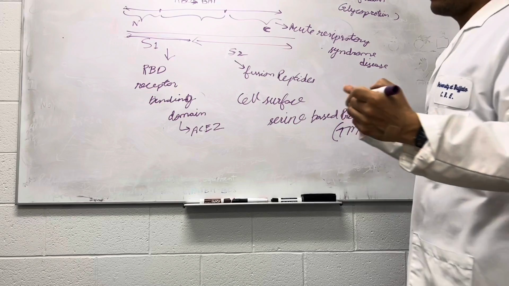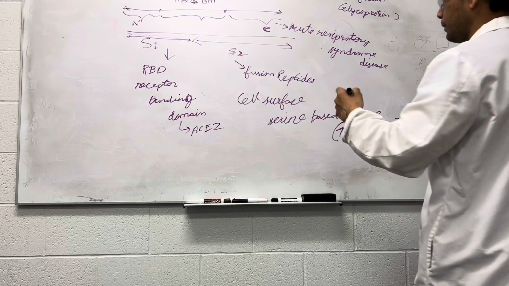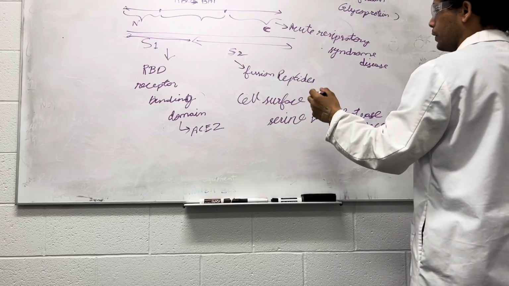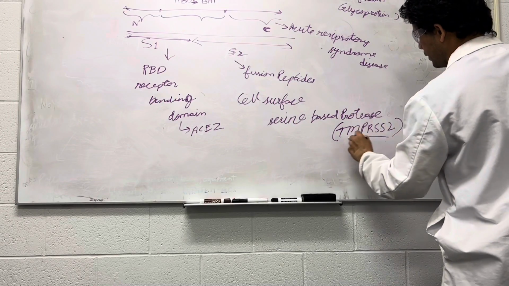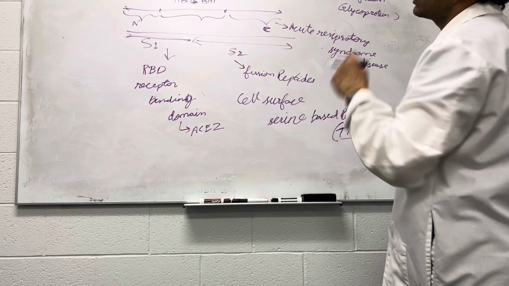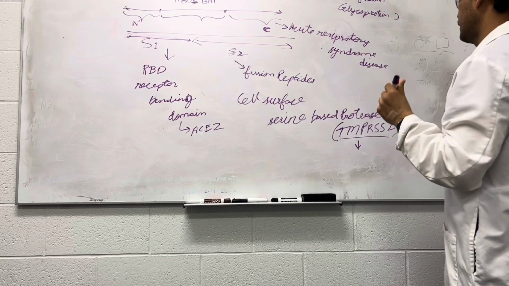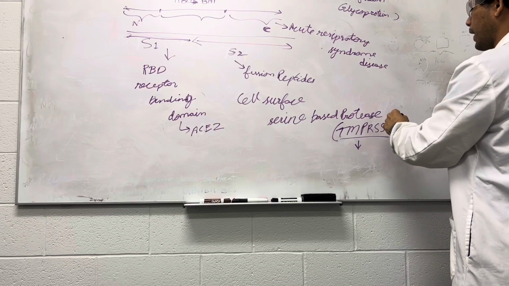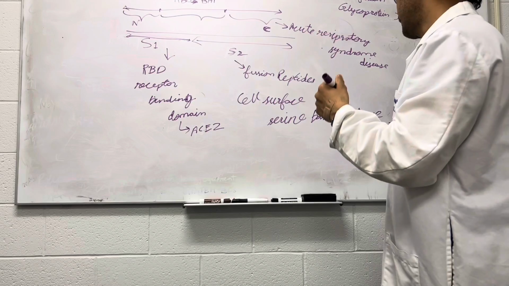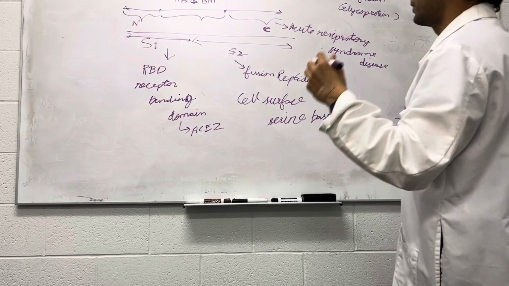In order to confirm this, people checked in vitro whether, if TMPRSS2 is inhibited, it affects the infectivity of the SARS-CoV-2 virus, and they found that with the inhibition of TMPRSS2, the infectivity of the virus was reduced significantly.